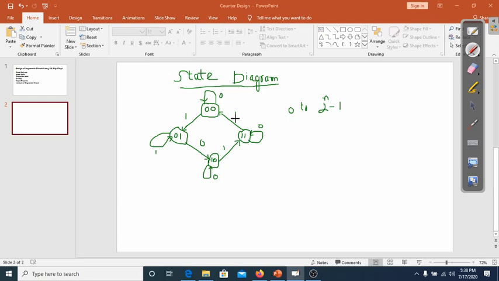Now the state table can be described as follows. This is the state table. In the state table, we have the present state and the next state.